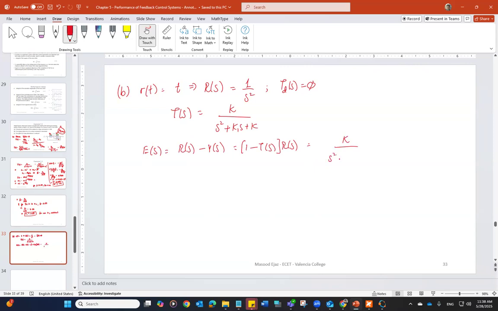That is, 1 minus K over S squared plus K1 S plus K, times Rs, which is 1 over S squared.